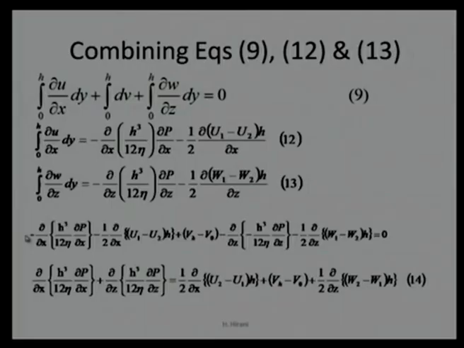After substitution, we are getting the first pressure gradient term with h cube by 12 eta and dp by dx, plus the second term, and this expression is simple. We know integrating v will give me v at h and v at 0. The lower limit is 0 and h is the upper limit. So, the velocity of the upper plate and the velocity of the lower plate in the y direction.